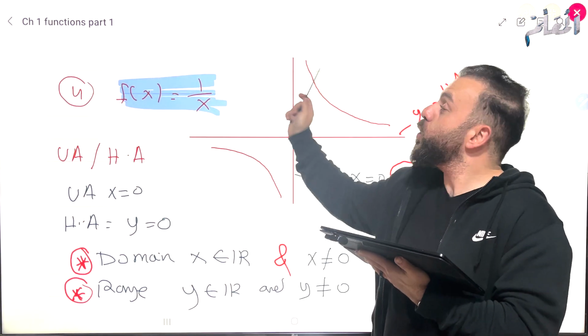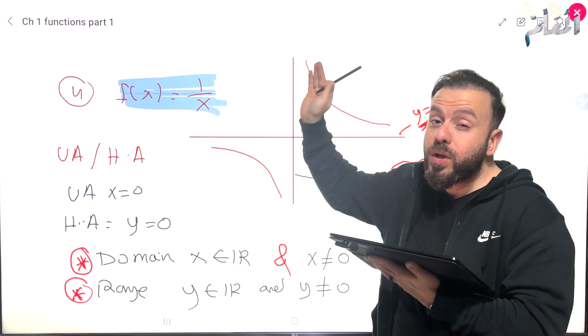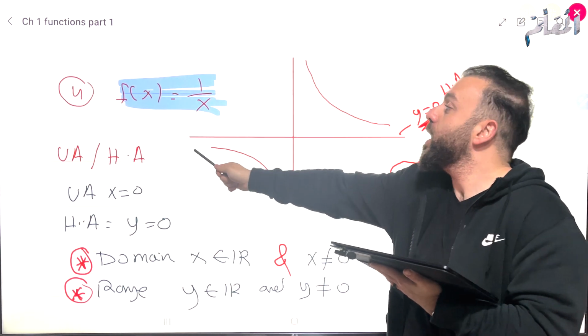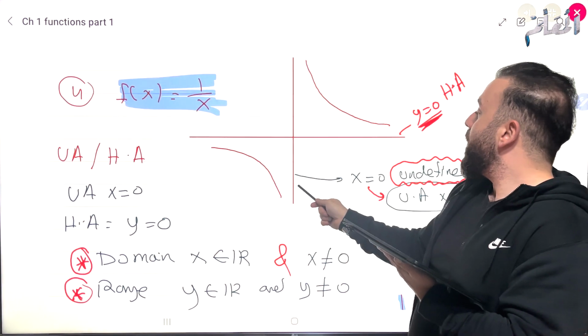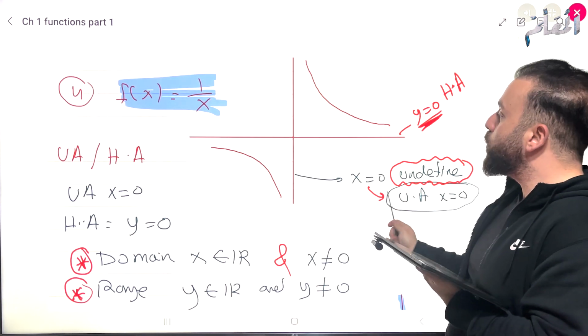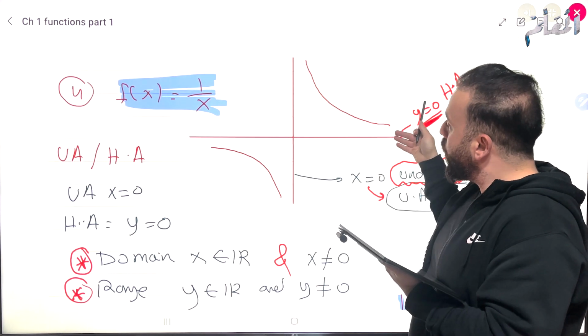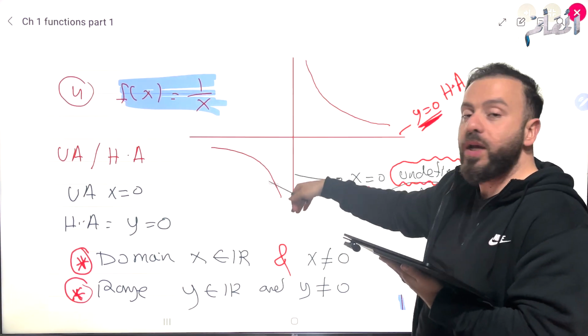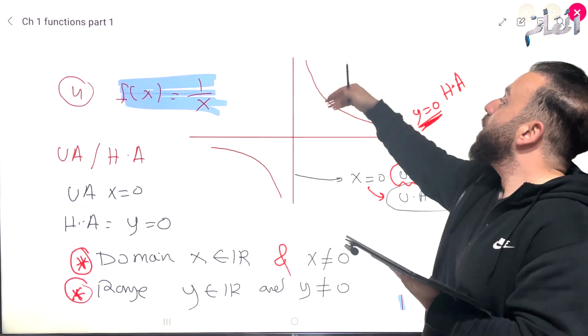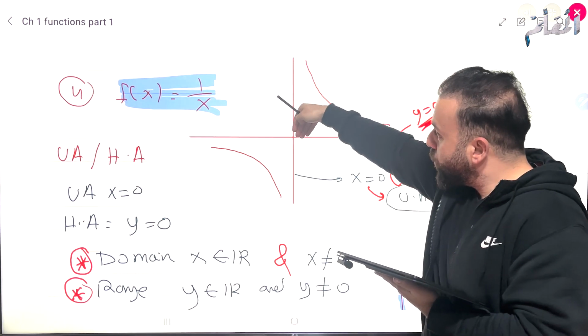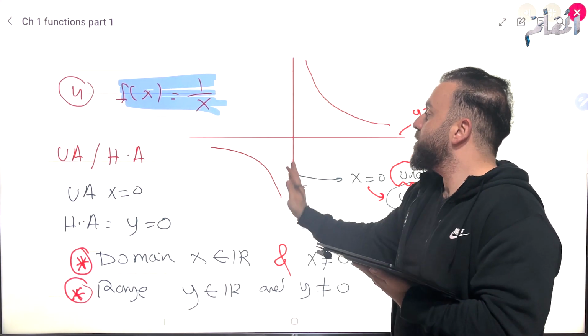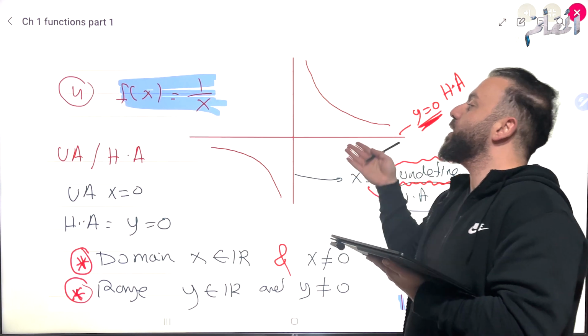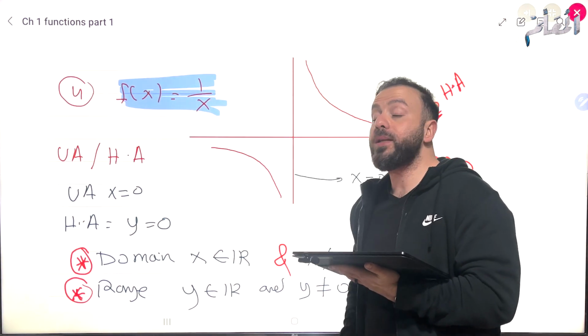It goes to infinity as it comes closer to that line. In this function, x equals 0 is the vertical asymptote, because as you approach from right and left, y goes to infinity and to negative infinity. And as y approaches 0, up and down, x goes to positive infinity and x goes to negative infinity.